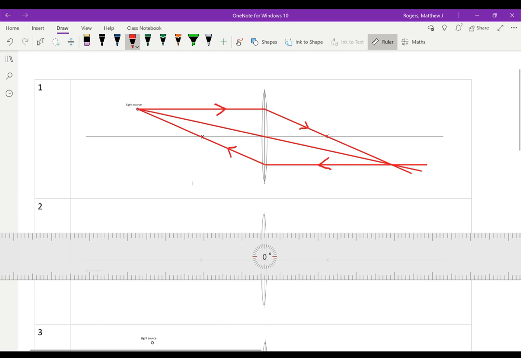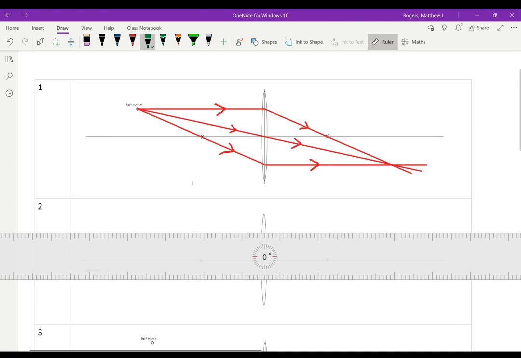It arrives parallel to the principal axis and goes through the principal focus. Now, it's not going that way, it's going the opposite way. But because light going left to right behaves the same as light going right to left, we know that's what its behavior should be. So any light ray that arrives at the lens, having come through the principal focus, must travel parallel to the principal axis on the other side.